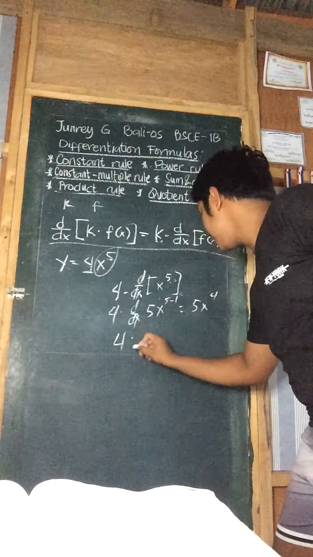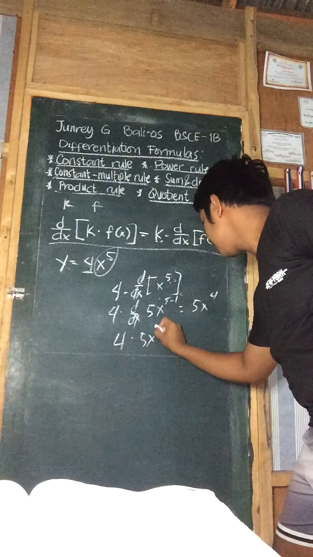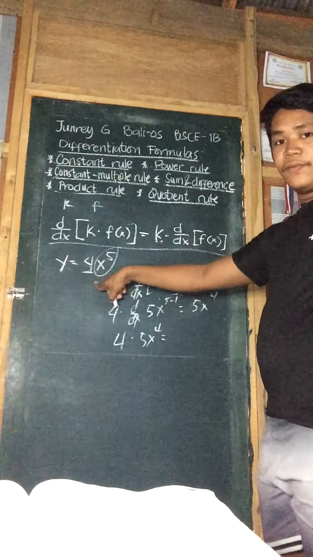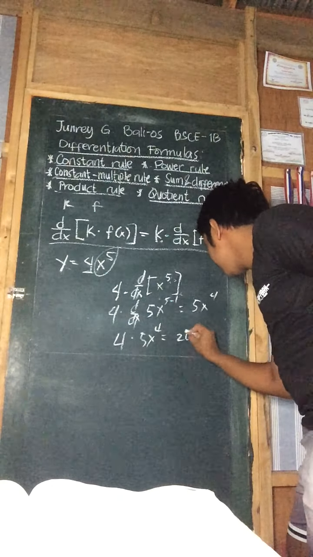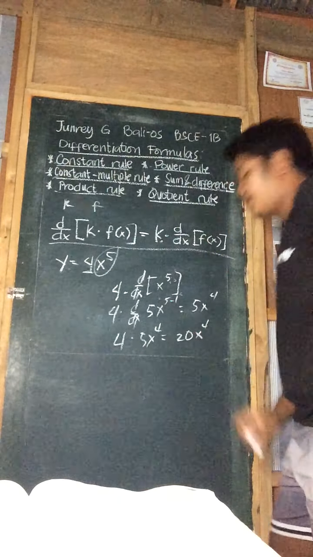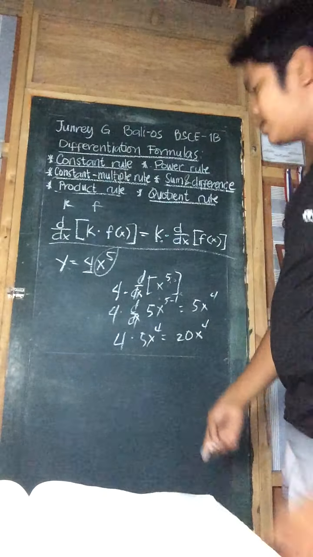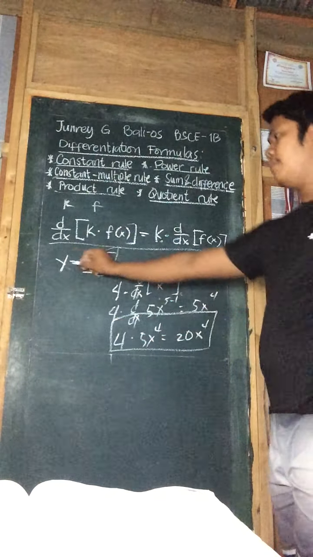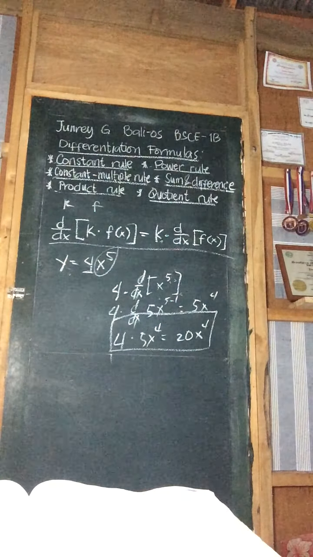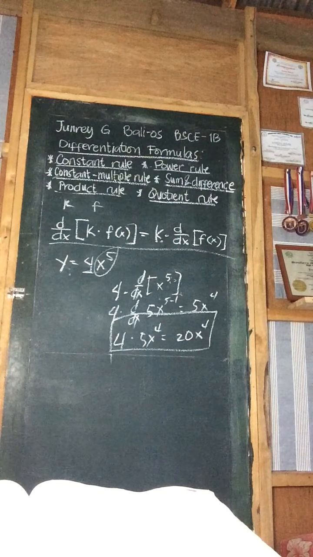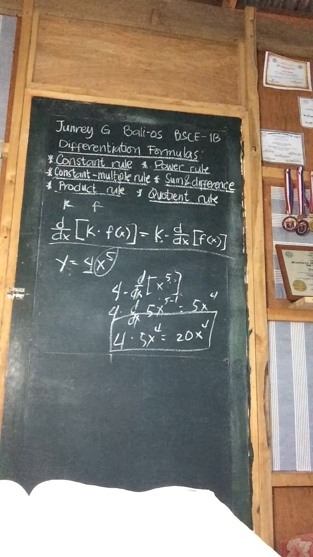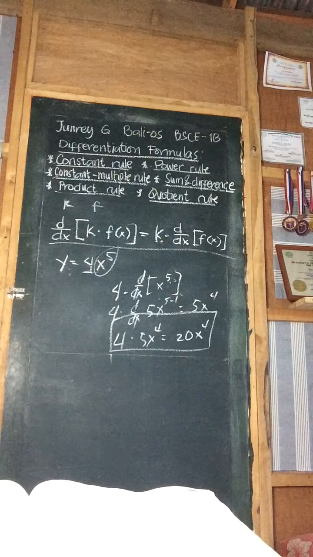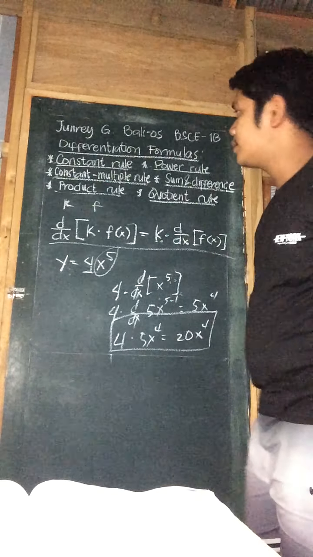So bring down 4 times 5x raised to 4. The derivative of this function is 20x raised to 4. So this is now the y prime. So we are done with the constant multiple rule.